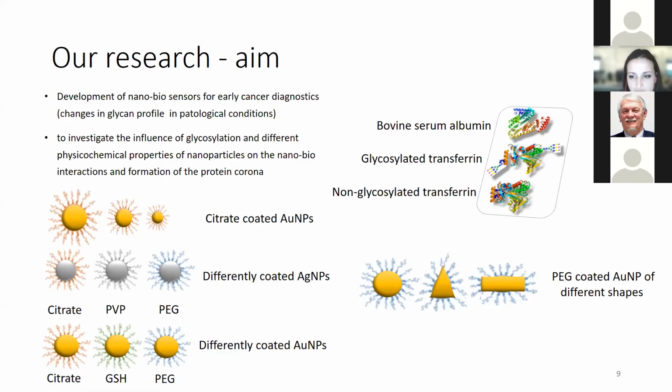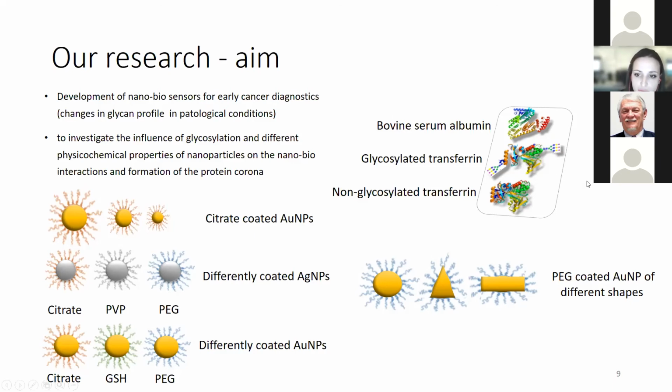This glycan profile changes depending on pathological state, for example in cancer, but also in diabetes or some other conditions. So this fundamental research will improve the development of later cancer diagnostics.